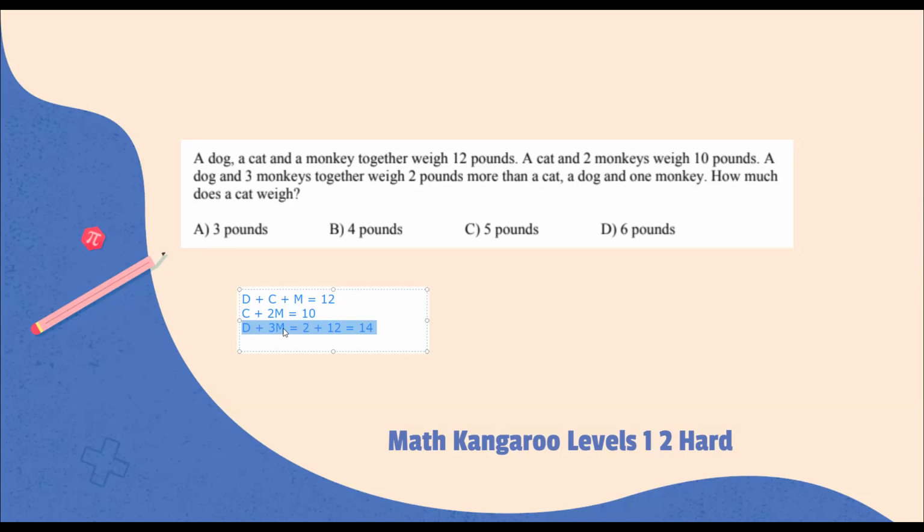And the first thing we would look at is what would happen if we subtracted one from the other one, right? But what we would get is dog minus dog is no dogs, right? So that's 0. And there's no cats. So if we have D plus C plus M, and from that we subtract 1 dog.